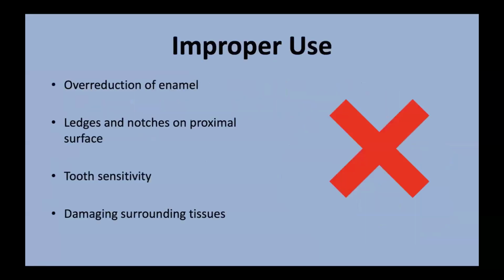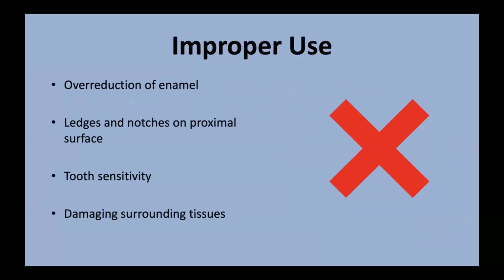So what are some of the contraindications for doing IPR? If you take off too much enamel, too much of anything is never good. We don't want to do that. If you don't remove it properly and you create ledges or notches, again, creating unnatural anatomy.